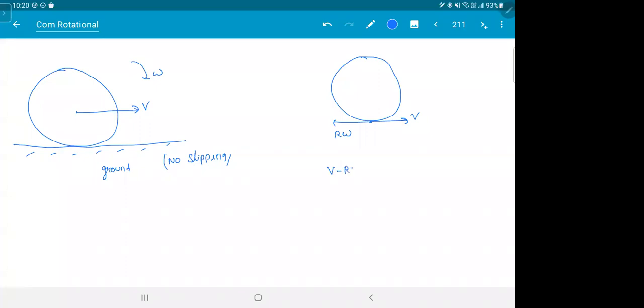So V minus R omega should be the velocity of the ground. But the ground is at rest. So V is equal to R omega. Now you get something interesting here. Look at the topmost point. This would be V plus R omega, and V is equal to R omega. This will go with 2V.